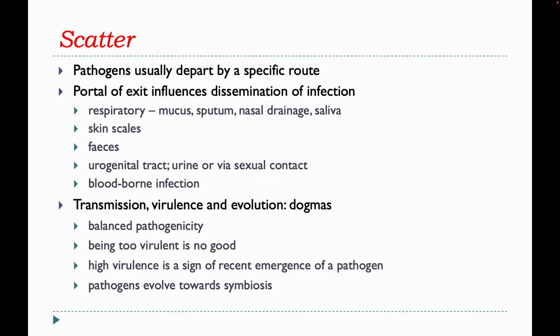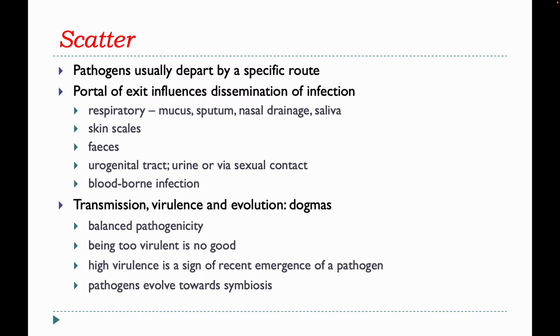Some people would say that high virulence is a sign of recent emergence of a pathogen, and that pathogens have to evolve towards symbiosis. That's what some people say. Other people, if you ever follow Alan McNally on Twitter, he'll give you a whole load of verbiage about there being no certainty whatsoever that subsequent variants of SARS-CoV-2 will be less virulent or evolve towards being less virulent, and it all depends.